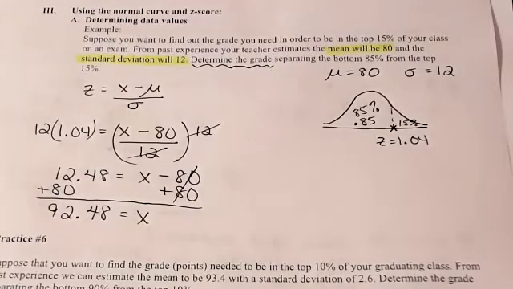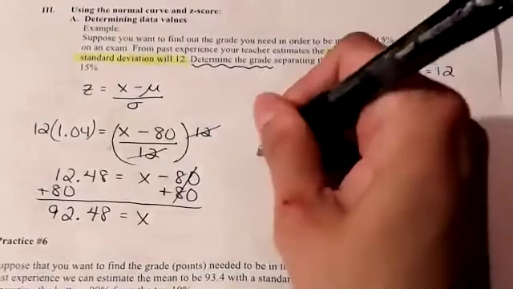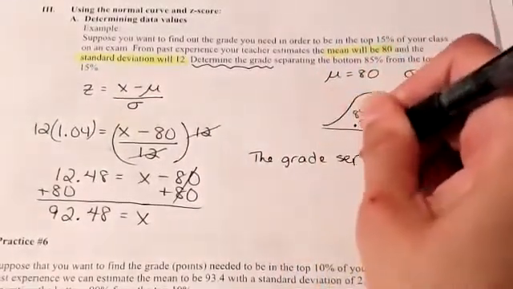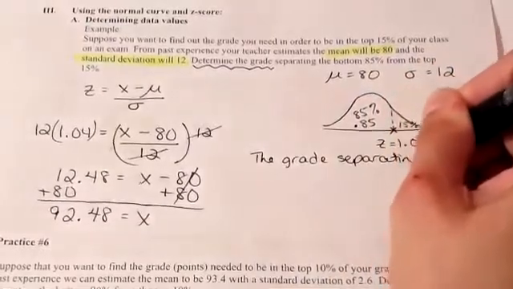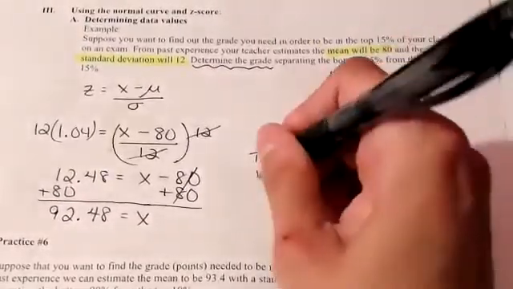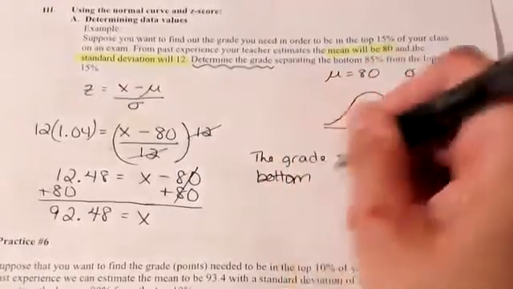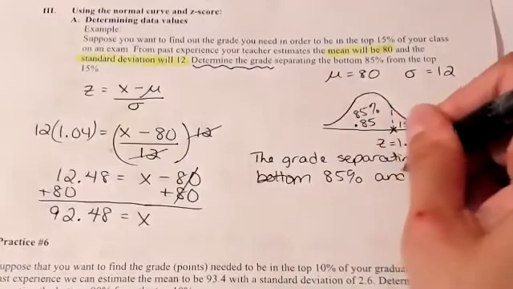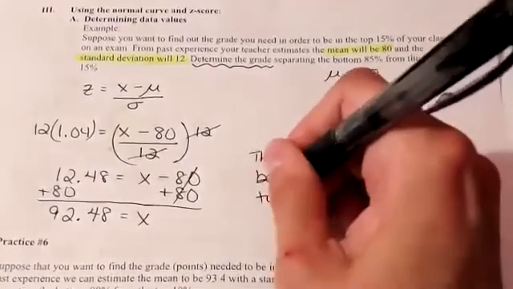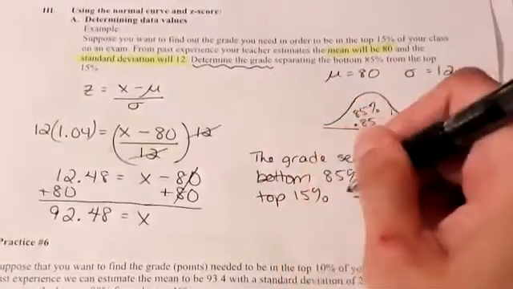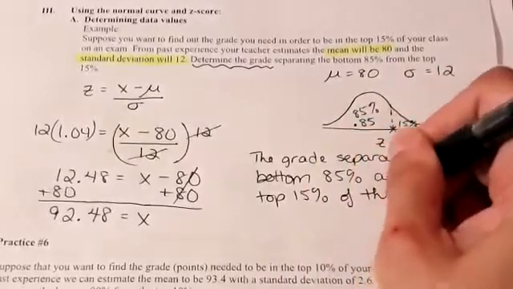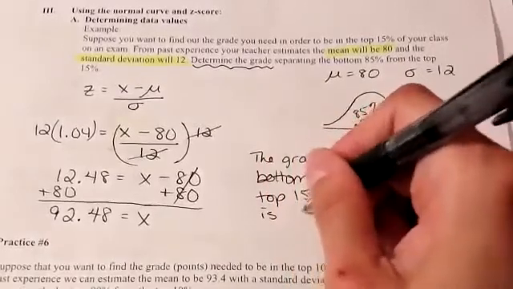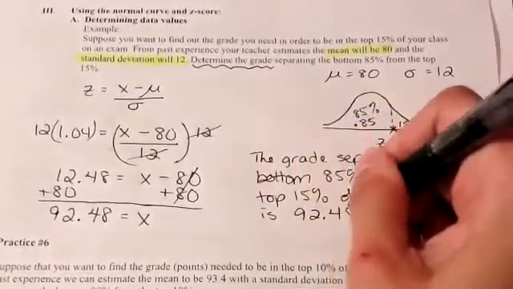Good. So the grade separating the bottom 85% and the top 15% of the class is 92.48.